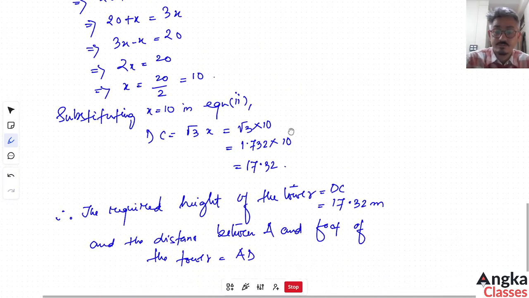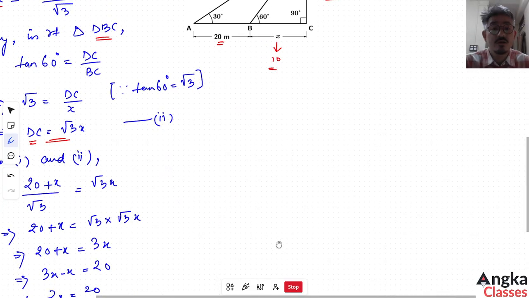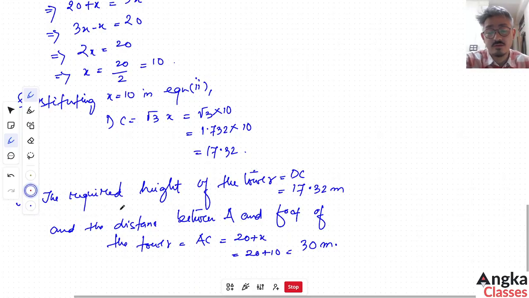Okay, AC, which is equal to AB plus BC, or 20 plus x, which is equal to 20 plus 10, which is equal to 30 meter. Okay, so this is how we will solve this question.